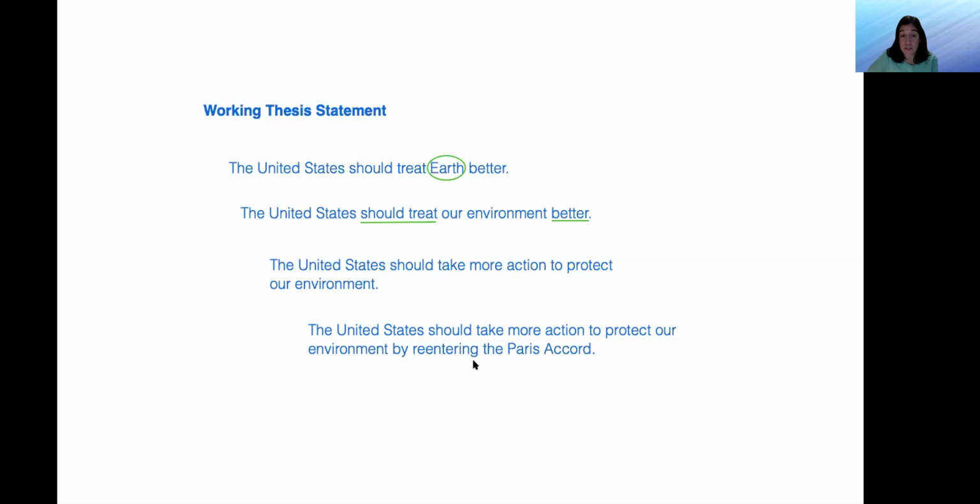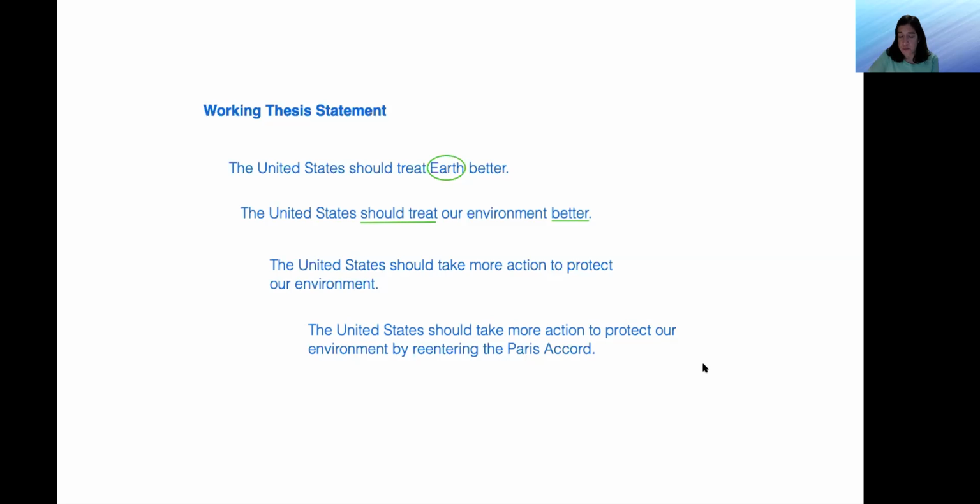We could even just say the United States should re-enter the Paris Accord, but maybe not everybody knows what that is. It was basically all the countries of the world agreeing that they were going to work on protecting the environment. So just in case my reader doesn't know what that is, that's why I left in protect our environment.